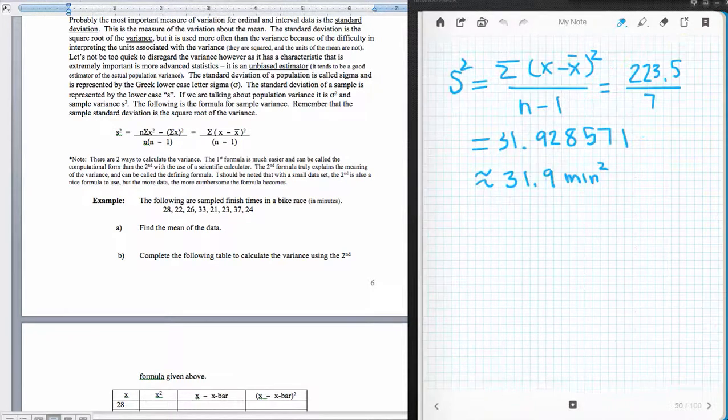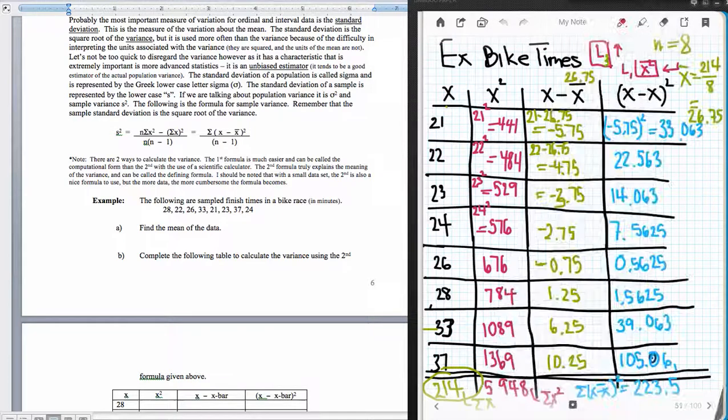Now here, in contrast, is using the computational formula. To use the computational formula, you simply put just the bike times into your calculator, and then you use one variable statistics, and you come up with this number here from one variable statistics, no work necessary.